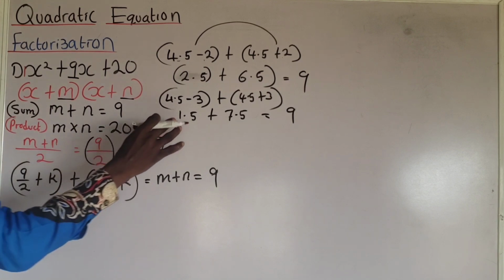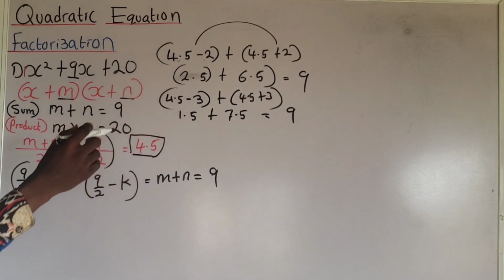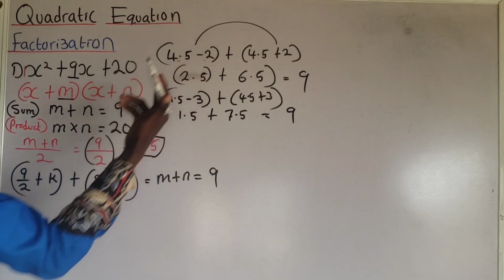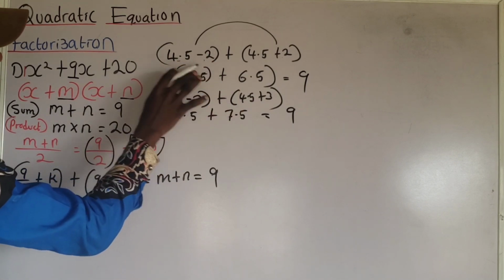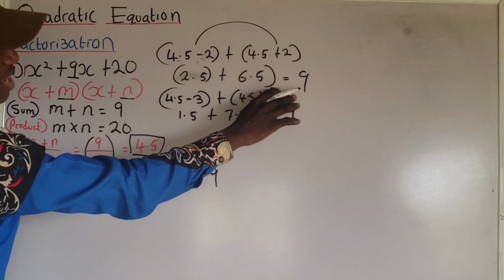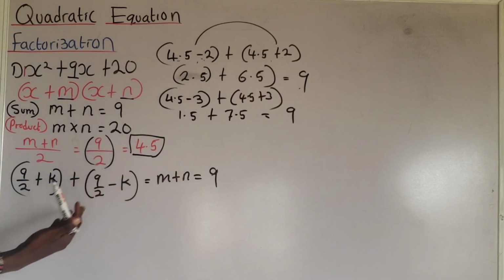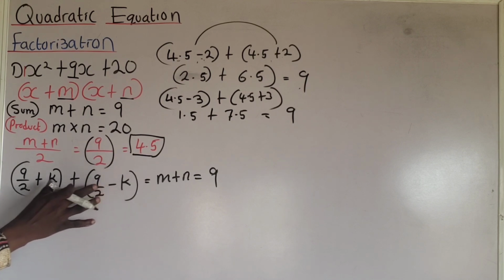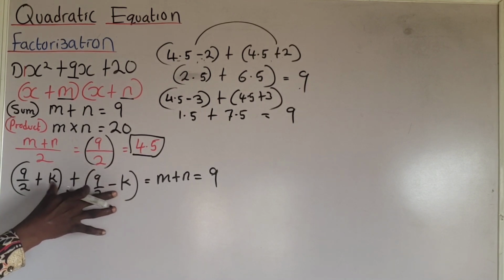You see, I chose a number in this example. I chose 2 as the constant. So you can see that by the time I increase the half by 2 and decrease it by 2, I got 9. So even though we don't know the value of k, by the time we determine it and substitute it into this equation, we're going to have 9.